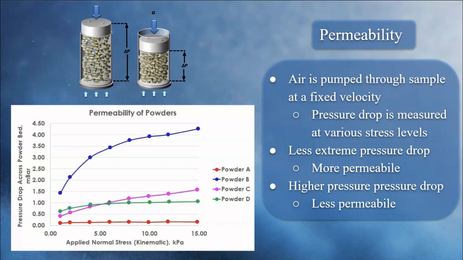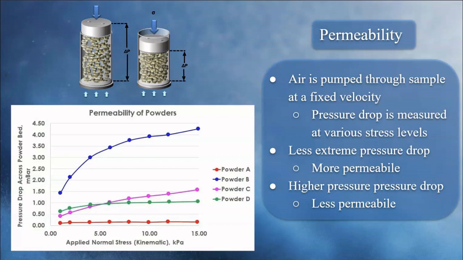And if the sample is less permeable, then less air is going to be able to get through it because of these dense particles interacting with the air that's coming through. We're going to get a percentage drop that is actually higher because the less permeable substance has less air going through it. If we look at our x and y axis here, we have our applied normal stress, and on the y axis we have our pressure drop across the powder bed.